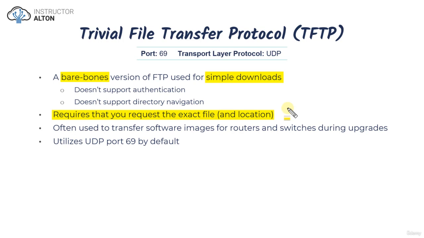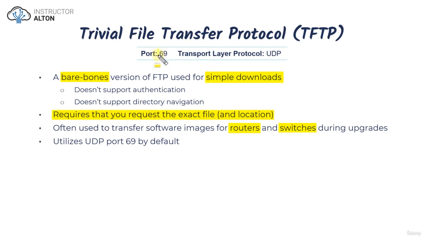Now, in addition to simple file downloads, TFTP is also commonly used for sending software image updates to routers and switches as well. So our managed devices on our network, we can use this protocol to push out software images to them. And again, this is very lightweight because it's a bare bones version.